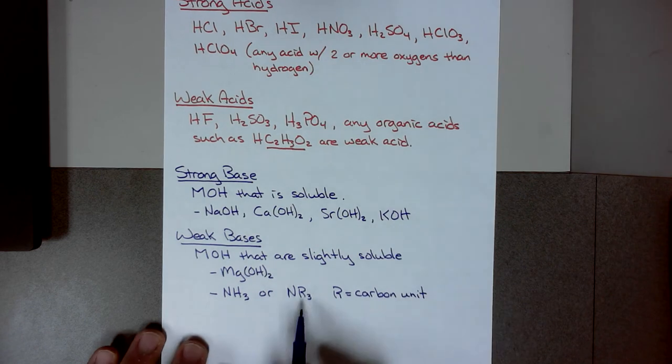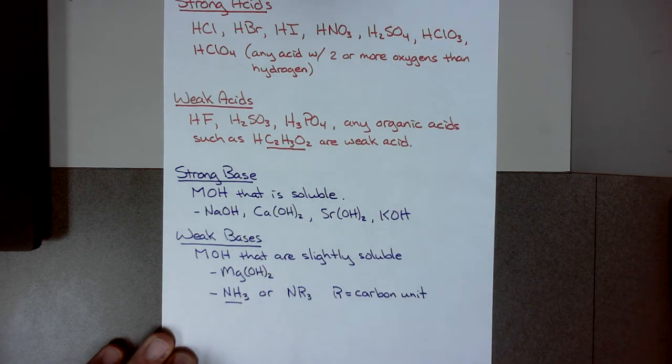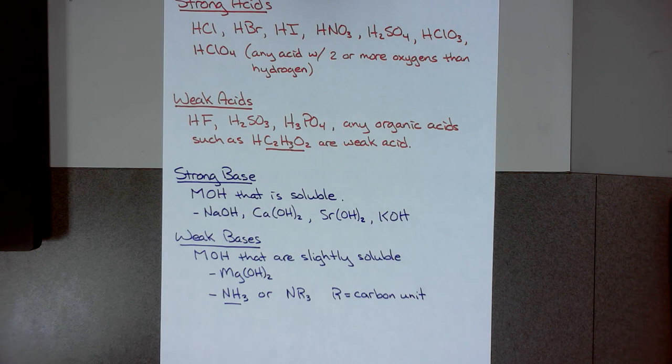But really what's important is this one, okay? So those are our weak bases. So now you have your categories. Now there's only one other thing that I would like to address right now, and I'm going to review what a strong acid and base reaction is, and then look at a weak acid strong base.